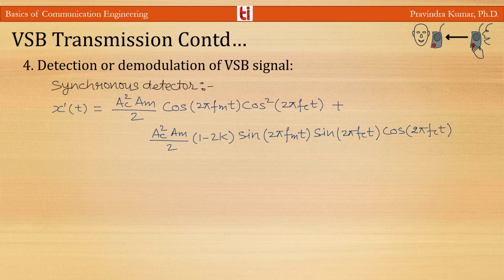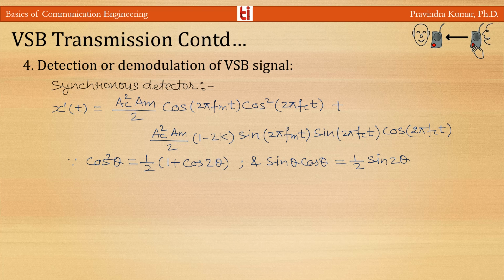It will be Ac² Am/2 cos 2πfmt cos² 2πfct plus Ac² Am/2 (1 − 2k) sin 2πfmt sin 2πfct cos 2πfct. And here cos²θ is 1/2 (1 + cos 2θ), and sinθ cosθ is 1/2 sin 2θ.